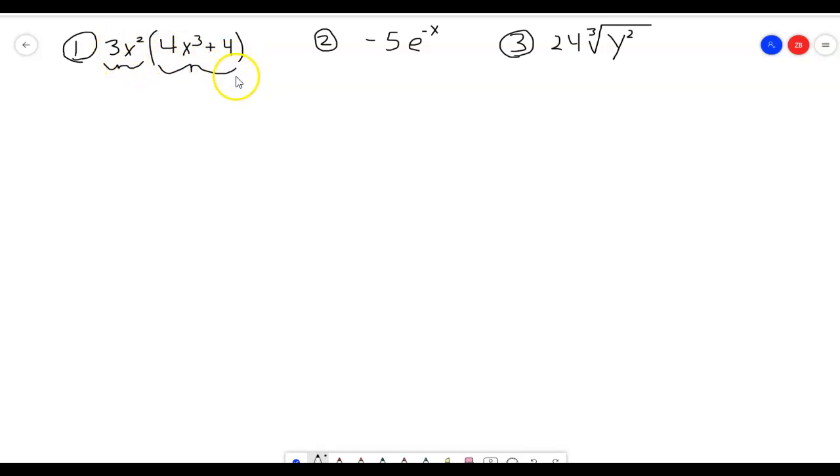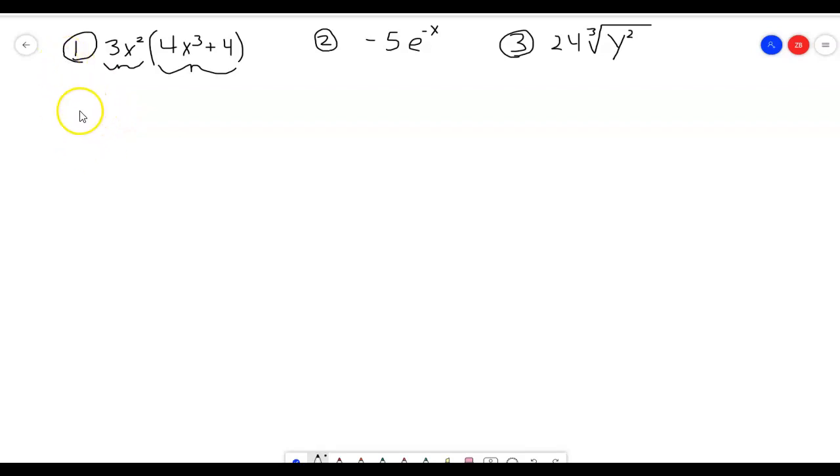Or I could distribute this out into one polynomial function and then simply use the power rule. I think distributing that out using the polynomial rule would be the easier way to do it, but in this case, just for fun, I'm going to use the product rule, but you can use either one you want.